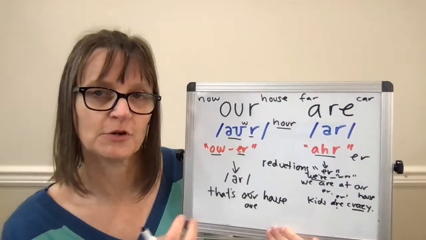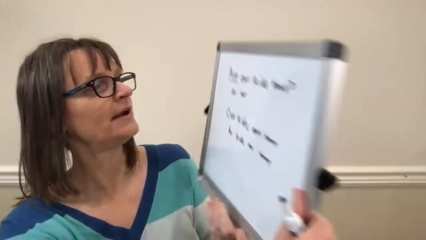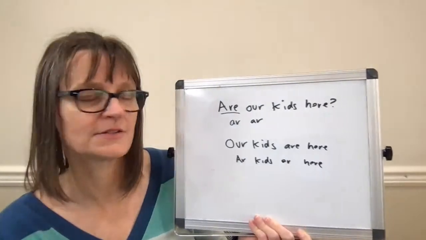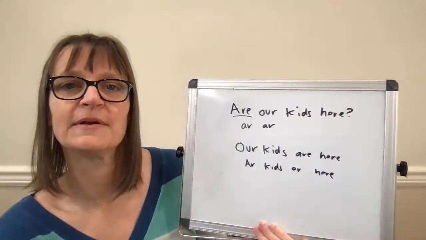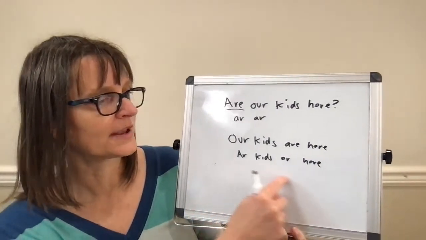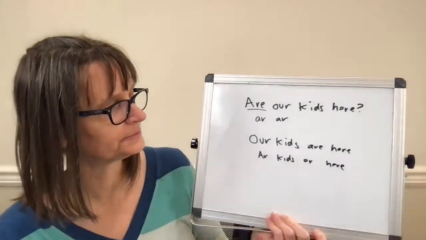You can always go slowly and do "our" that way, but you'll often hear it more like "are our kids, are our friends coming, are our jobs done, our kids are here."